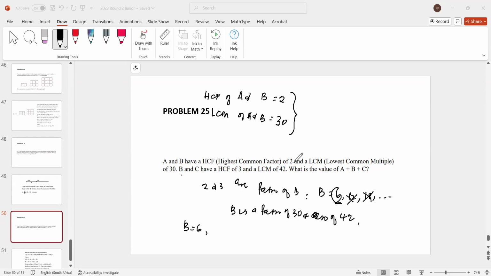Now if B is equal to 6, and the HCF of A and B is 2, then A is a multiple of 2, but not of 3.